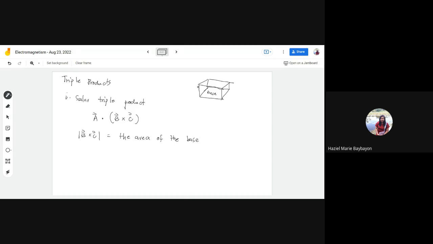And then the altitude of the parallelepiped, which is slanted, depends upon the vector A. So A cosine theta is actually the height, or the altitude, of the parallelepiped.